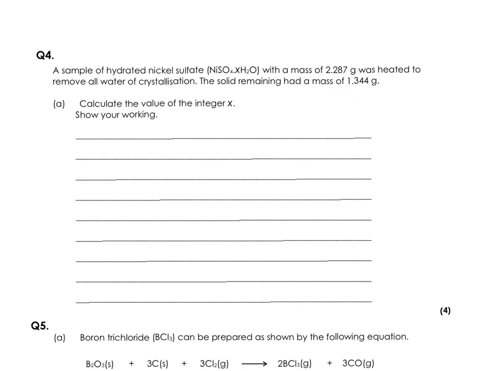Now this is actually just a fancy empirical formula question, because what we can work out is the mass of this, which it tells us, that's the amount that is left, 1.344, and therefore the rest of this number here must be the water.